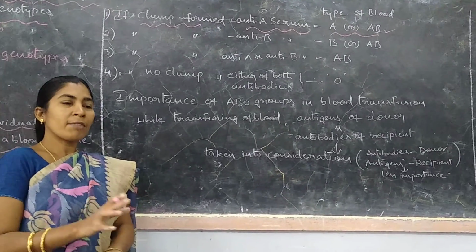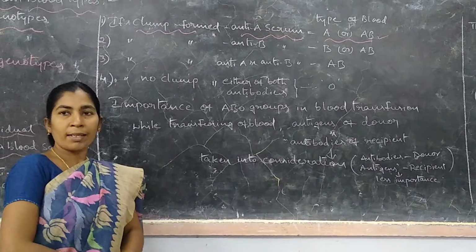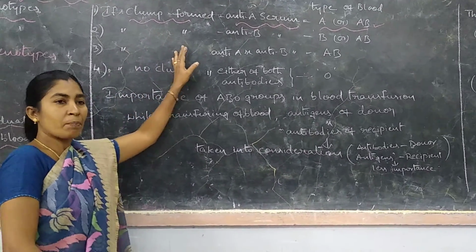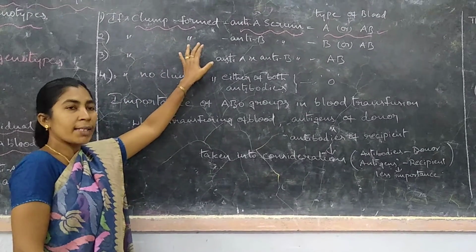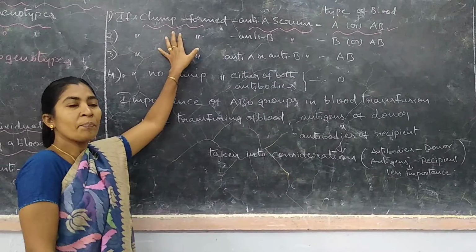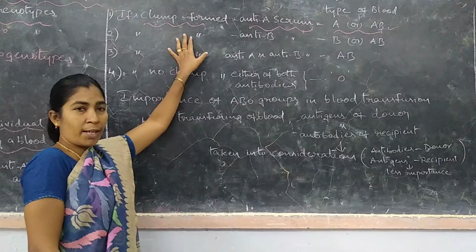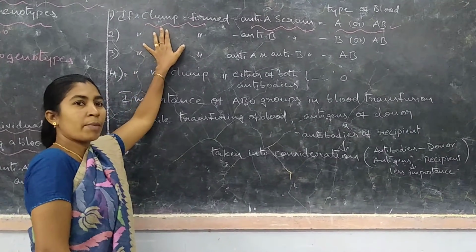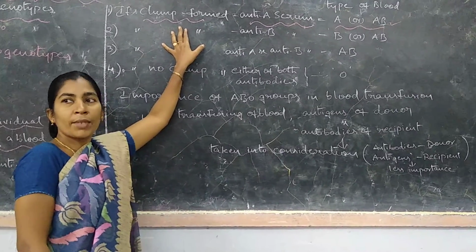But blood can also disperse, it is not in a structure. So when we take the blood sample and mix it with the anti-A serum, we can observe the cells all reaching one place. That is considered a clump.